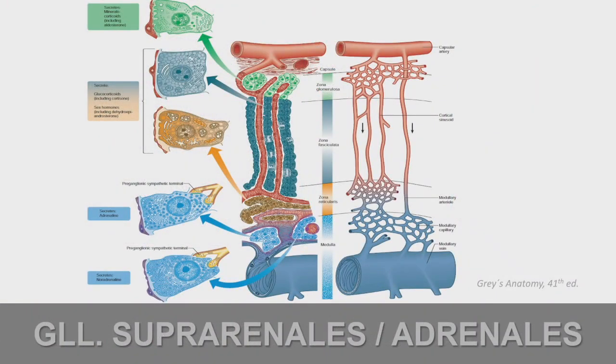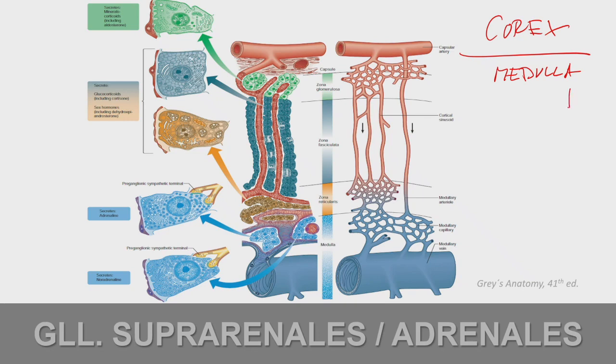The blood supply of an adrenal gland is important for the understanding of the function and structures of an adrenal gland. We have a cortex and medulla. They are different in their functions, and they are different in development.